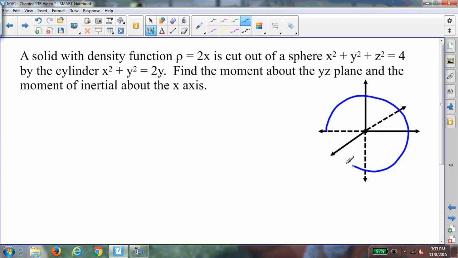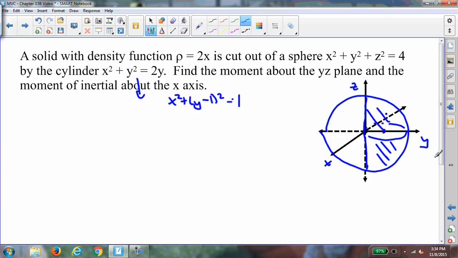And if I were to rewrite the cylinder by completing the square, I would have x squared plus y minus 1 squared equals 1. So in x, y, that's going to be a circle centered at (0, 1) with radius 1, which actually works out really nicely. Because then what I'm basically doing is I have this solid over here that I'm working with.